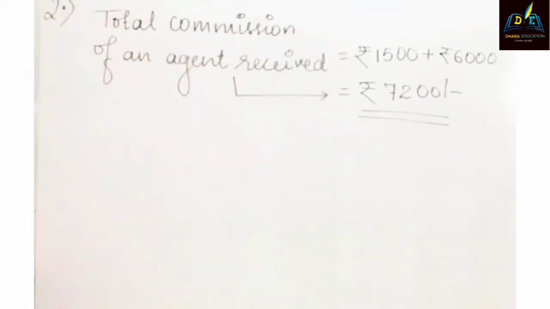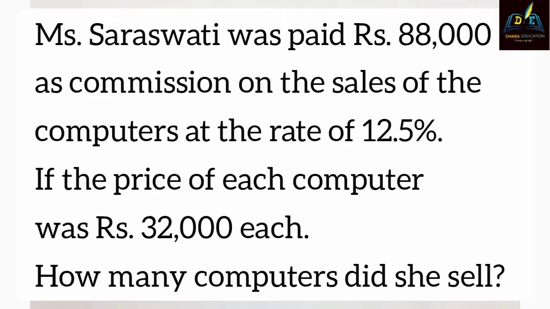Our third sum is: Miss Saraswati was paid rupees 88,000 as commission on the sale of computers at the rate of 12.5%. If the price of each computer was rupees 32,000, how many computers did she sell? Again, I'm repeating the question.